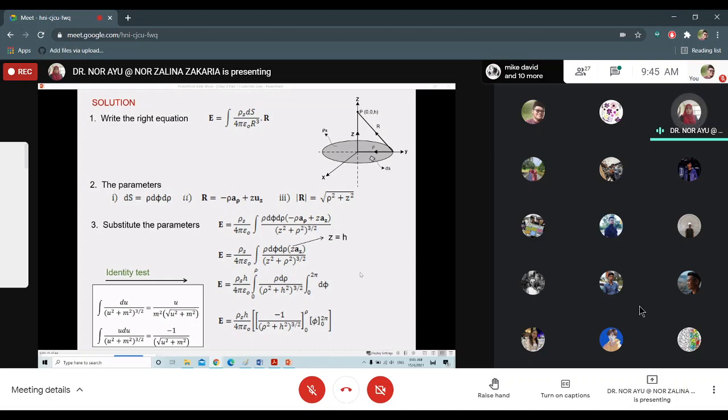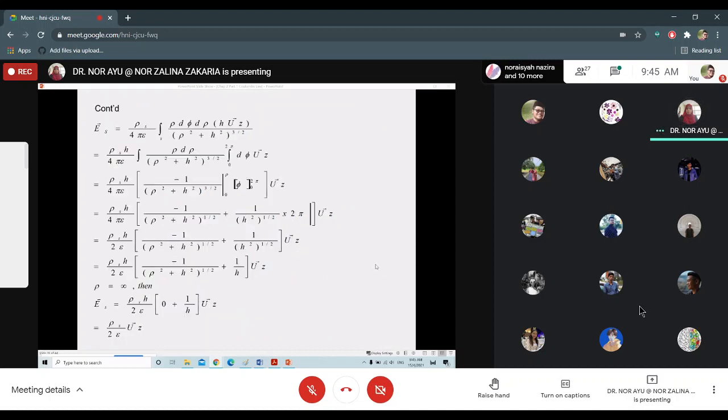Alright, so what is the final answer? Kat mana tadi? Here kan? Sebelah tadi dekat sini. Rho S H over 4 pi epsilon, -1 over rho squared plus H squared. Okay, ni 1/2 still not 3/2. This is 1/2.